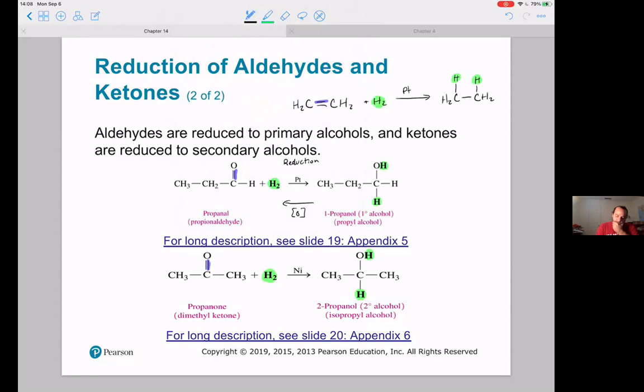In one they used platinum, and in the other one they used nickel. Truthfully, nickel, platinum, or palladium, any one of those metals would work for both ketones and aldehydes. It's not like you have to use platinum for aldehydes and nickel for ketones. Any choice of those metals would work, not only for aldehydes and ketones, but also up here for our alkenes.